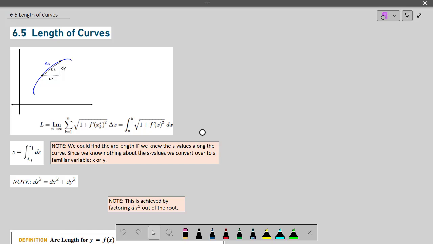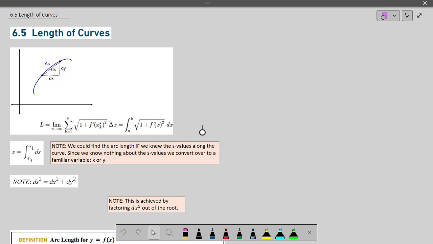So let's first talk about a concept that you first learned in Calc 1, and that is the idea of a differential triangle. We are on a curve, and we're going to use the letter S to measure along the curve. You can imagine a string with a little number line on it measuring along the curve.